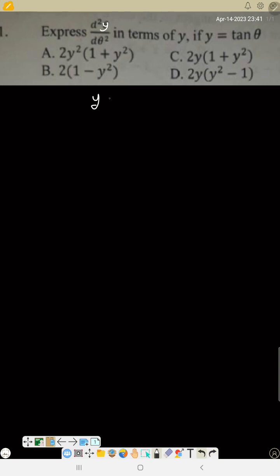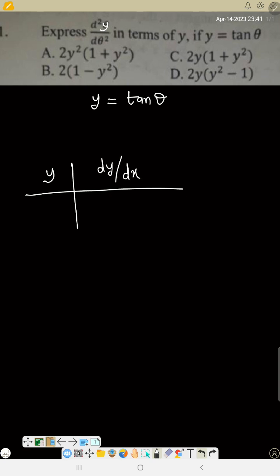So if we know that y is equal to tan θ, you have to note these identities on differentiation. If y is tan x, dy/dx is sec² x, and if y is sec x, dy/dx is sec x tan x.